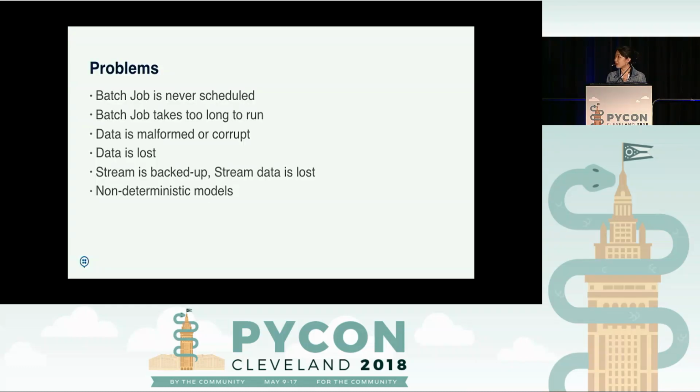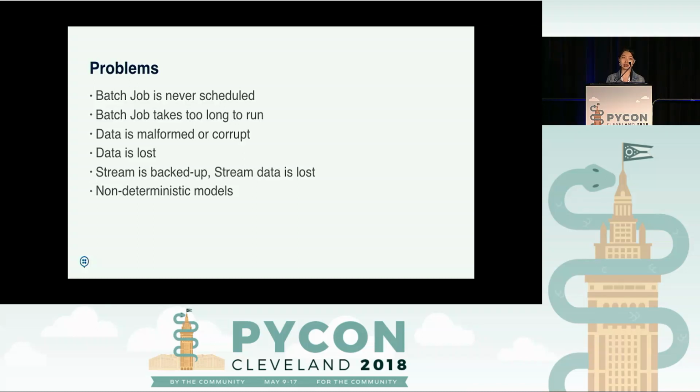There's actually a lot of things that routinely go wrong with data pipelines. One of the common ones is a batch job is just never scheduled, or it takes too long to run and your data gets stale. On the stream side, you often see streams get backed up, but the more challenging problems to diagnose are the ones that are not easy to see.